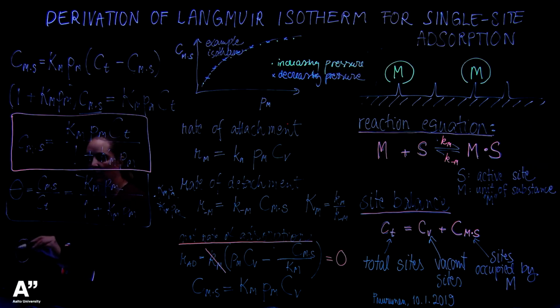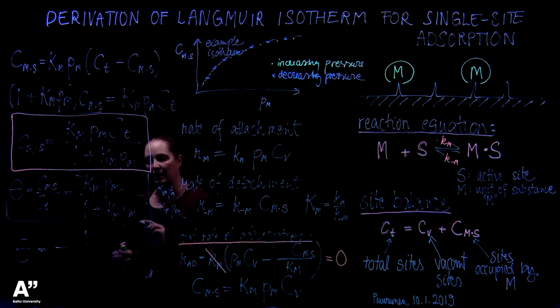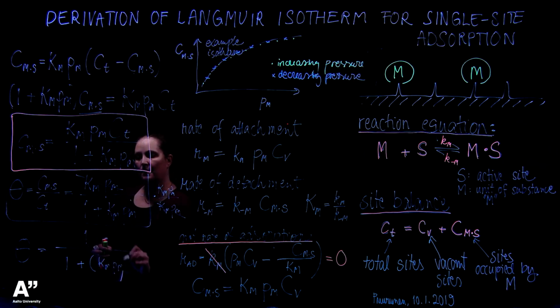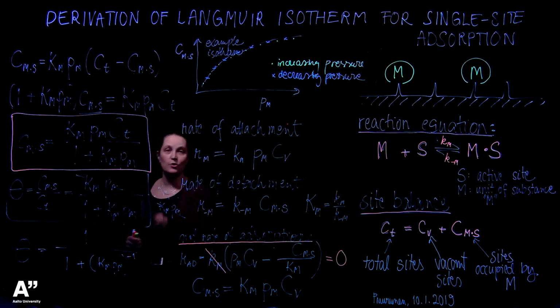So we get theta equals 1 over, and then we are dividing these parts separately. Dividing Km Pm by Km Pm gives 1, plus then we are dividing 1 by that one. So this gives 1 over Km Pm, taking the reciprocal of that. So this is also the Langmuir adsorption isotherm. All these expressions are the same fundamentally. It's just a little bit different mathematical way of showing that.